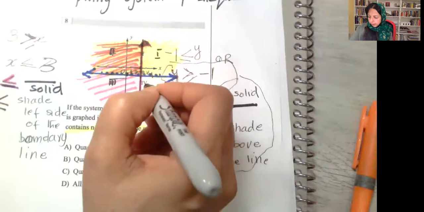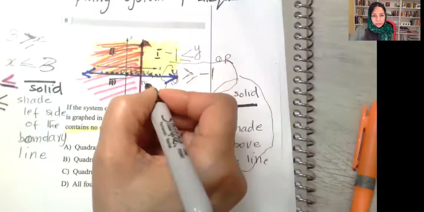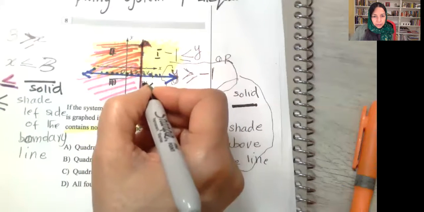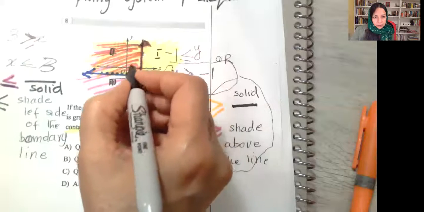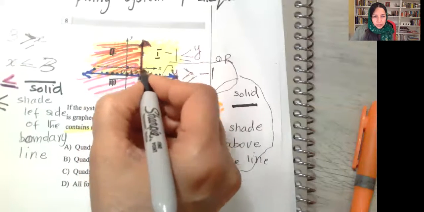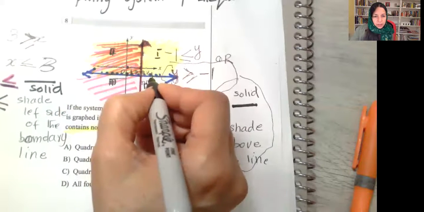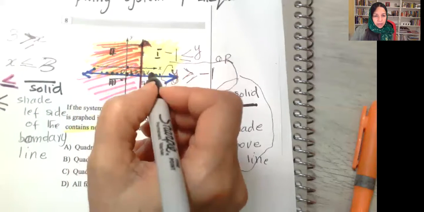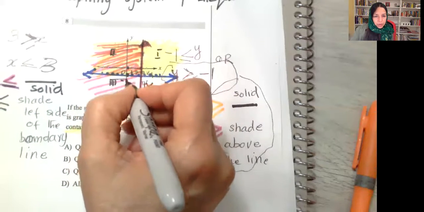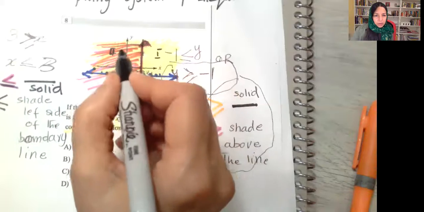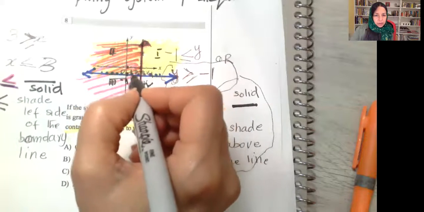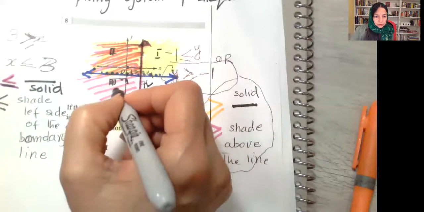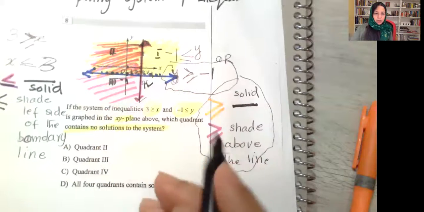Part of this is actually in quadrant 4 too, because this is our 0, this is our x-axis, and we have a horizontal line going through -1. It looks like we do have solutions in quadrant 1, quadrant 2, quadrant 3, and quadrant 4.